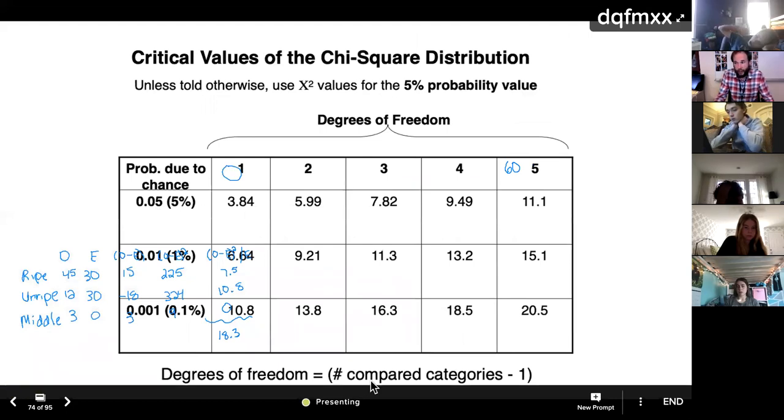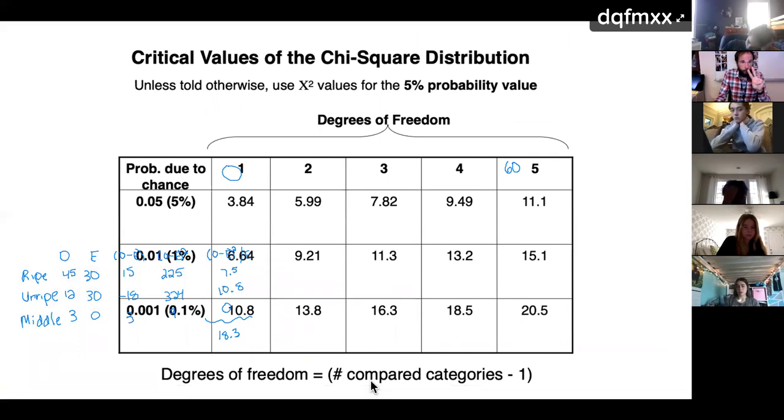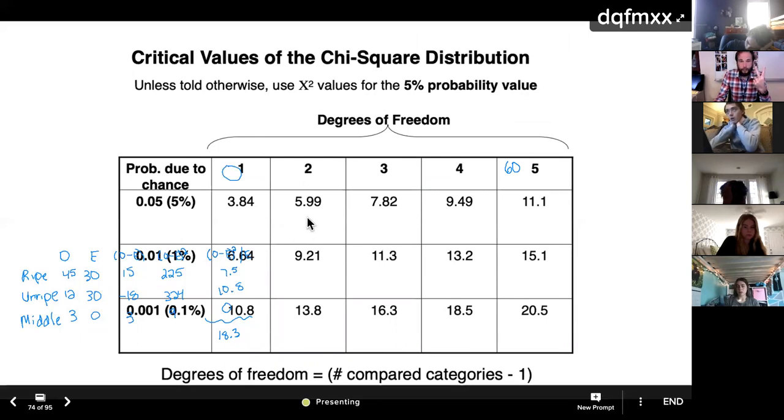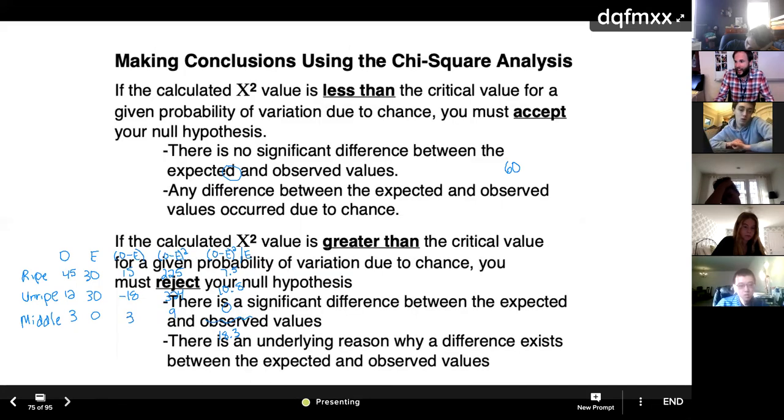It's the number of categories minus 1. So we've got ripe, unripe, middle, 3 categories. Minus 1 would be 2. So we want 2 degrees of freedom. We can stick with that 5% probability due to chance, due to natural variation. If you want to be more stringent, you can, but you don't have to. So it looks like our critical value is going to be 5.99.